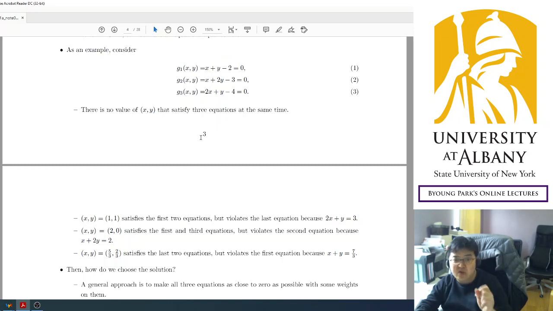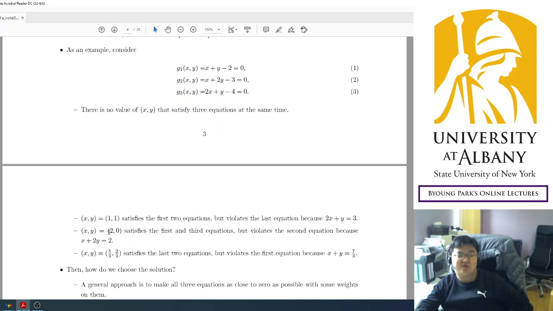If you do it by yourself, you can tell this easily. First, if you use x = 1, y = 1, it satisfies these two conditions, right? Then these two equations are 0, but the last one is not 0. It is not 0, but minus 1. So the last equation causes a problem.